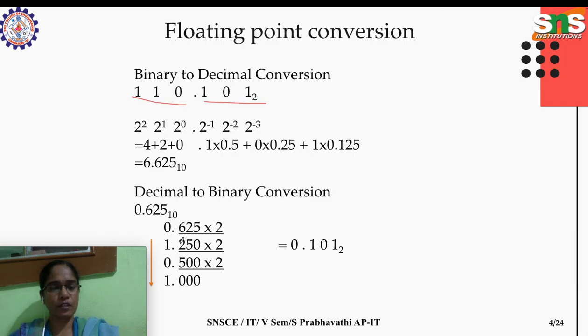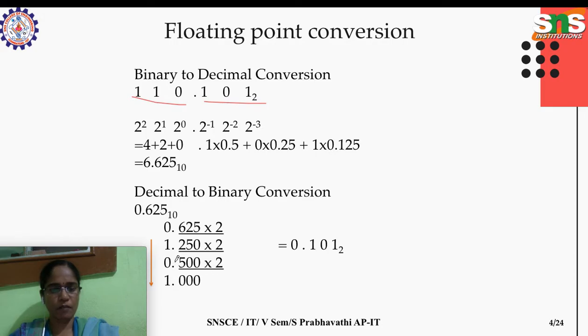Reserve this and just go on multiplying the decimal part alone. 0.25 into 2 is 0.500, and its value is 0. Next, 0.500 into 2, that's nothing but 1.00.